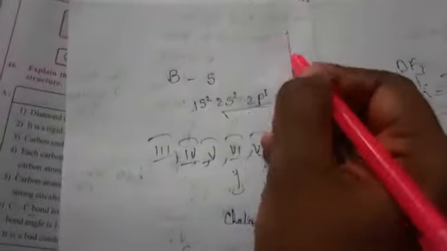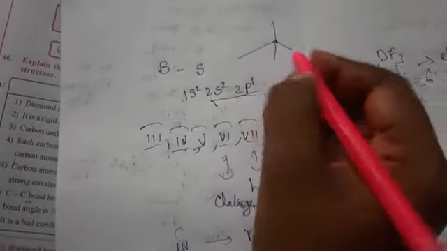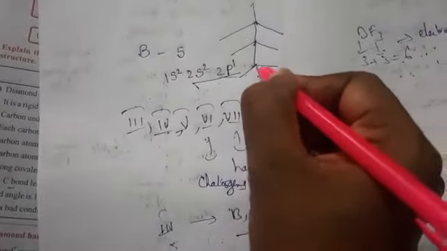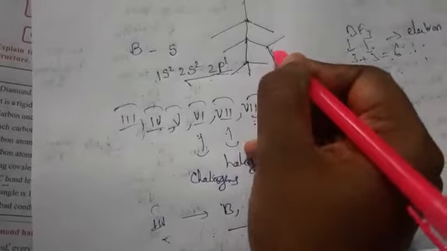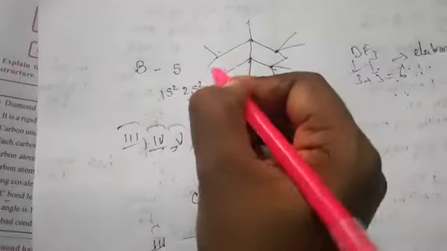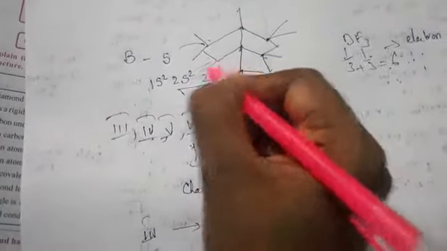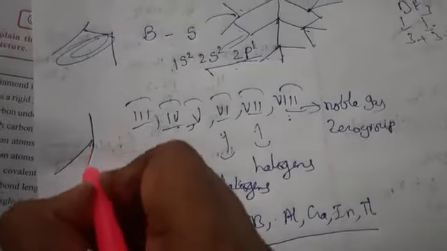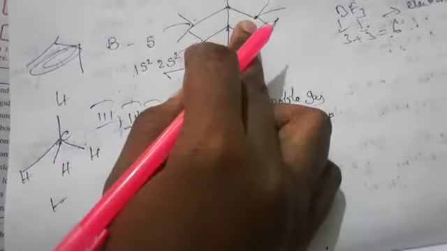Like this, it gives a 3D structure, with all single-bonded atoms, like CH4. This is a tetrahedral shape, so diamond gives a 3D structure.